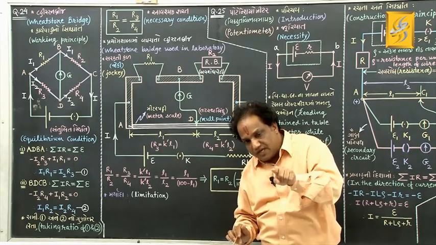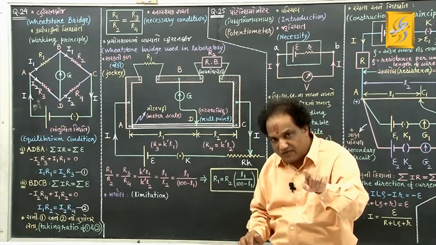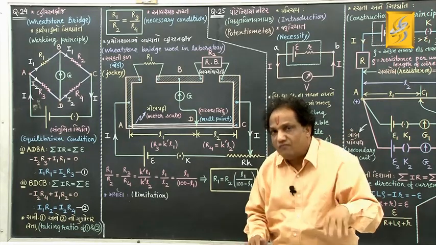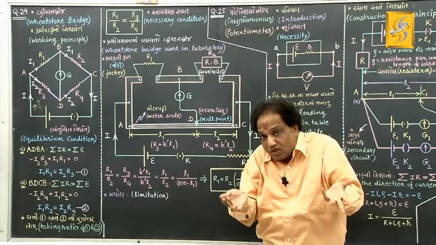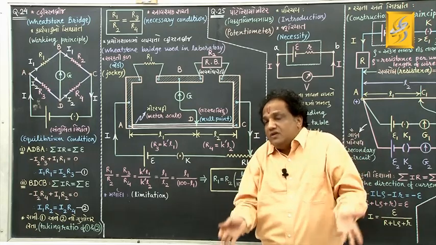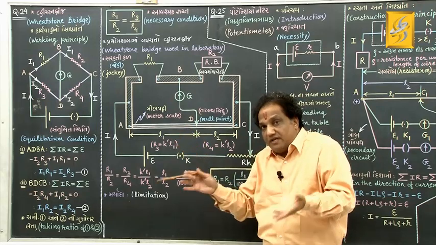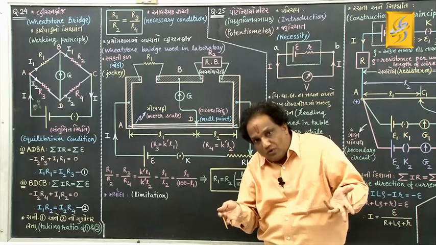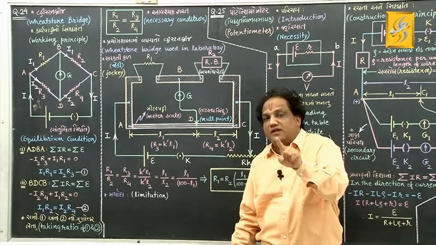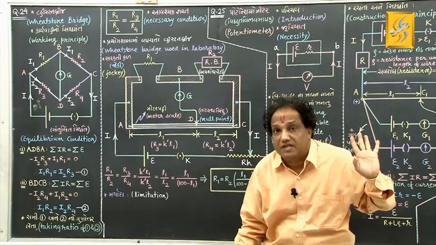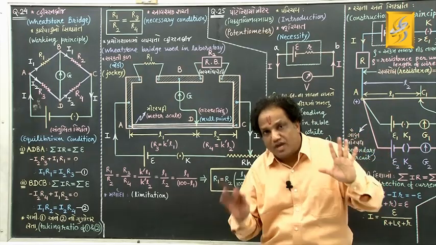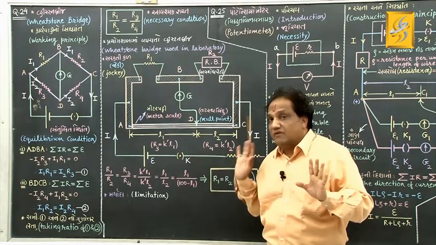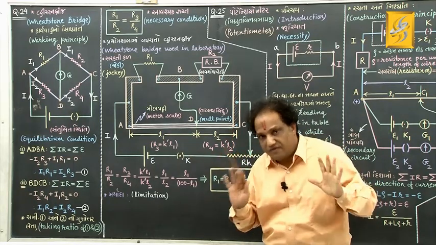Because for constantan, the temperature coefficient of resistance is nearly 0. What is the benefit? Whether you perform this experiment in summer or winter, whether the temperature is high or low, your final result will be almost unaffected by temperature change. So accuracy in the final result will be more provided you use a constantan wire.